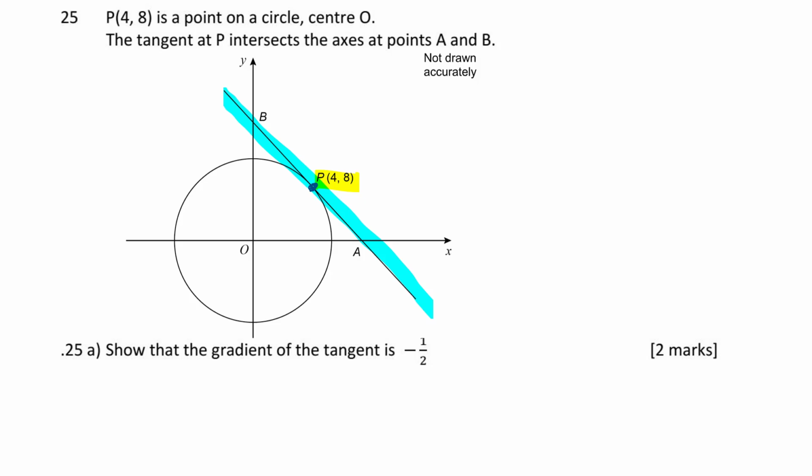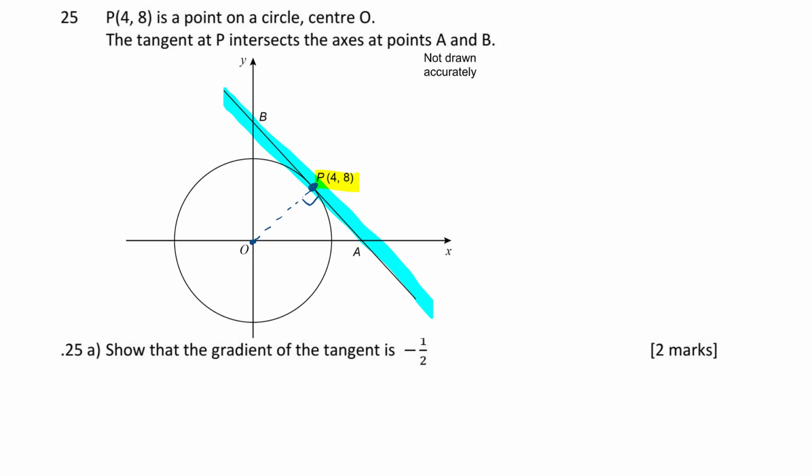But we do know that AB is a tangent, which means if I draw this line on here, it will be at right angles to the tangent, won't it? Because that's a radius. So if I can find the gradient of the radius, then I should be able to find the gradient of the tangent because it's perpendicular. Okay, so that's what we're going to do.